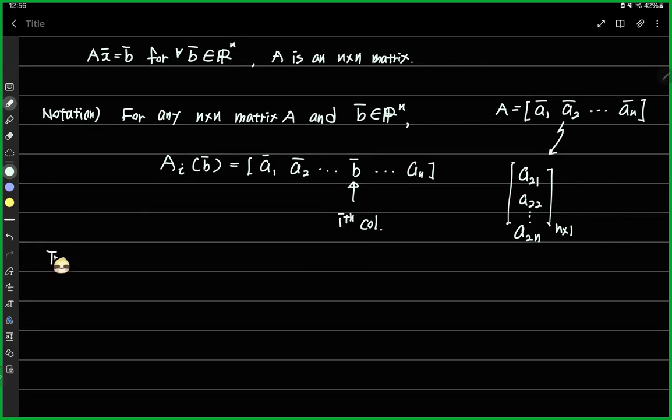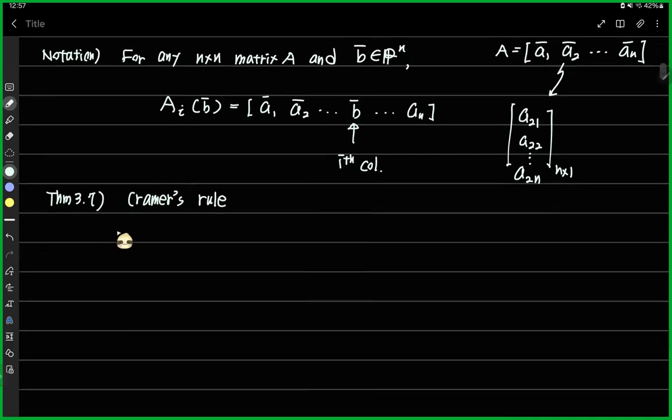So Theorem 3.7 introduces the Cramer rule. Let A be an invertible n by n matrix.